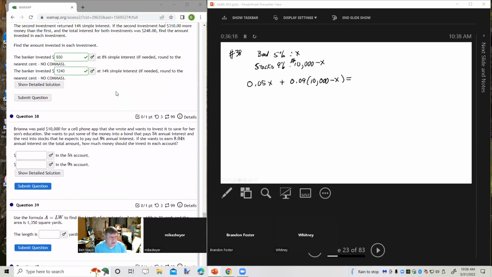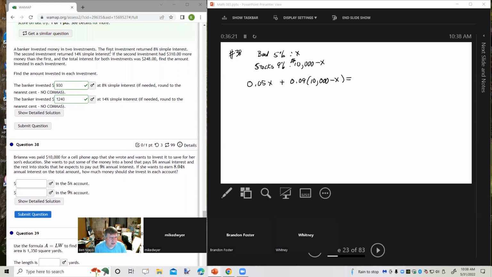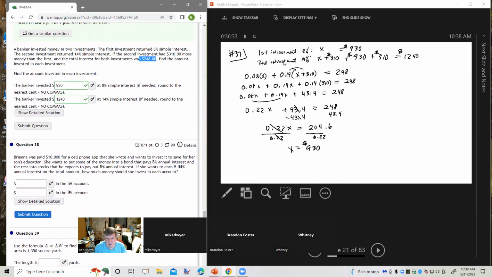Back in 37, it said this amount of interest plus this amount of interest equals the total amount of interest. Okay, so we took 8% of the first amount plus 14% of the second amount, and let's see here.